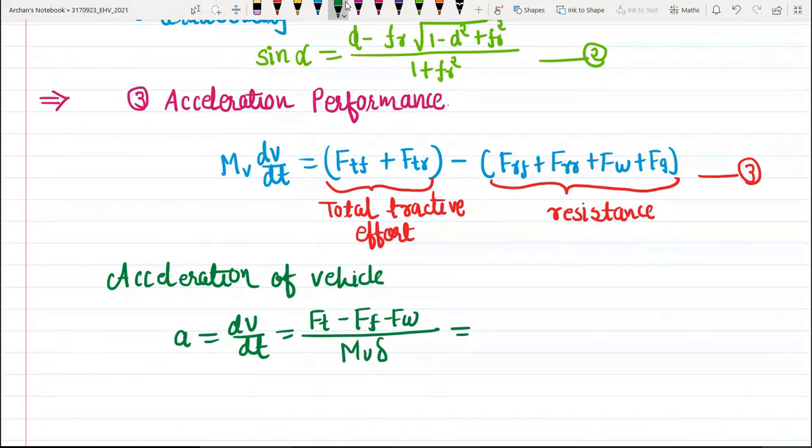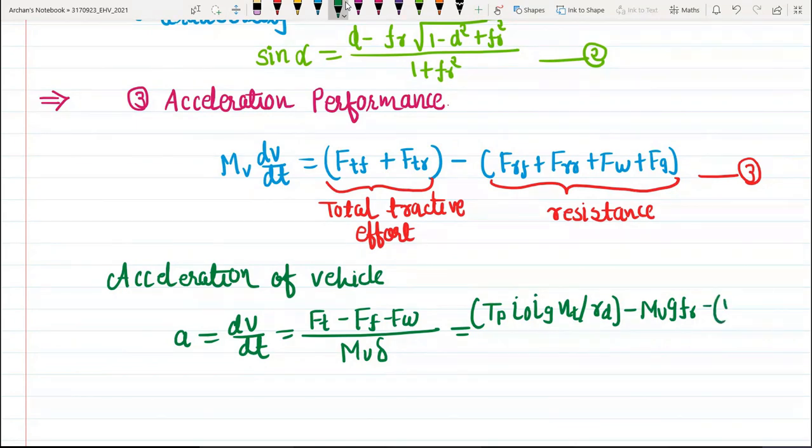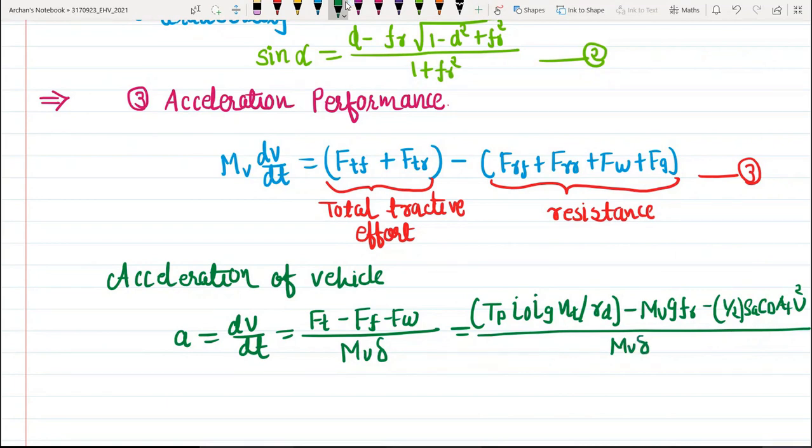Okay, now put the values of this Ft, Ff and Fw. All we know, Ft is the total tractive effort, that was Tp I0 Ig eta t by rd, which minus Ff is mv g fr, and aerodynamic drag is given by 1/2 rho a Cd Af v square, and this is to be divided by mv delta.